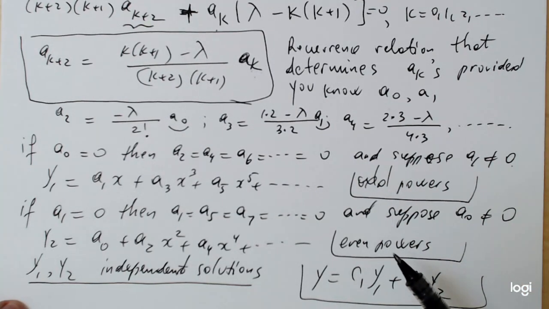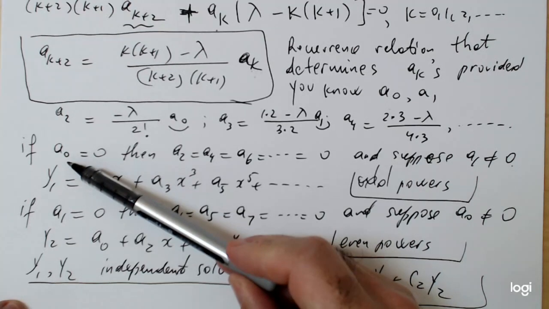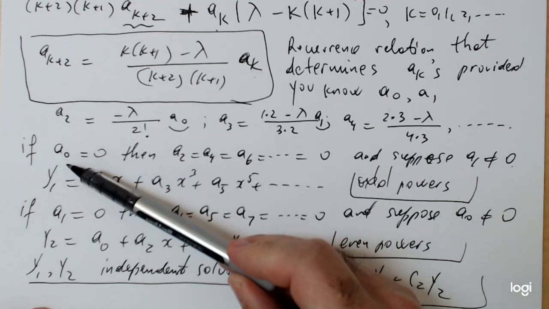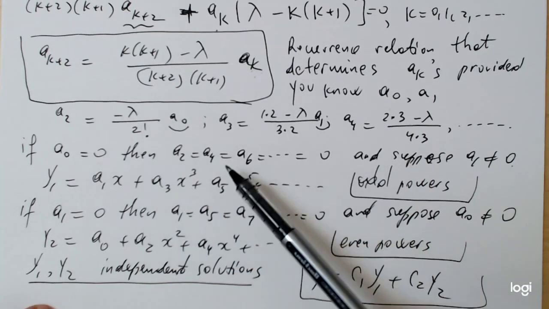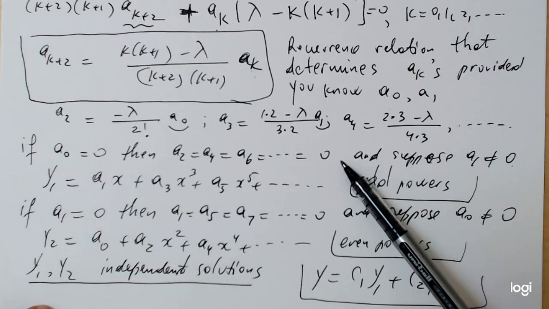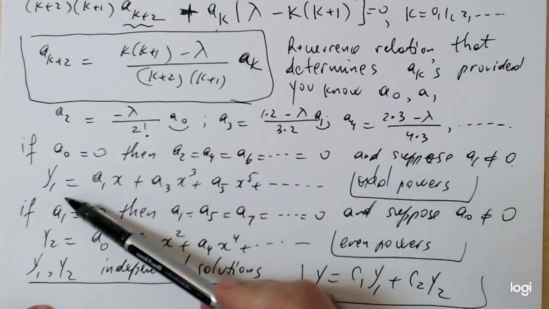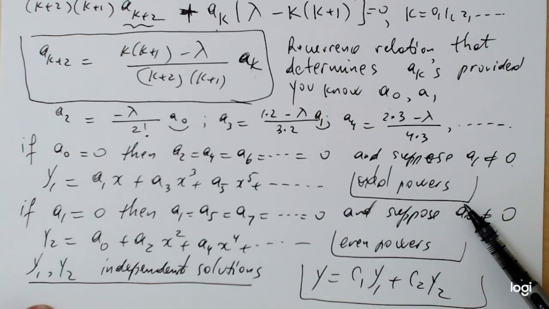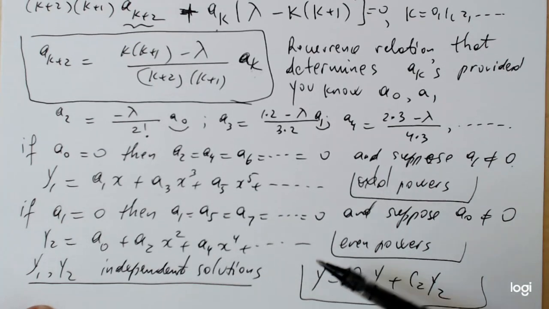It needs the previous two values in order to come up with the next values, because it jumps 2 units on every index from Ak to Ak plus 2. So that means you can start with any A naught and A1 you want. But if you start with a 0 value for A naught, this ensures all the even indexes are 0. So therefore your solution will contain just odd powers. Call that solution Y1.